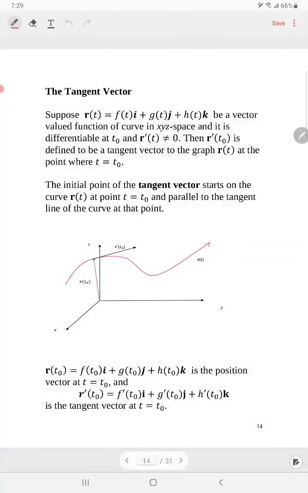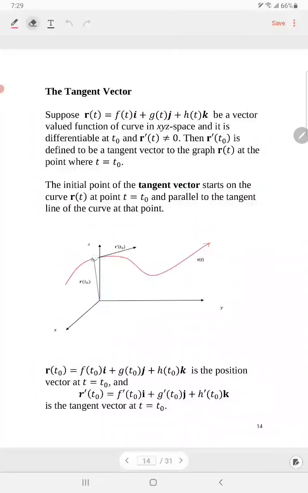Okay, so here let's say you have a curve. Let's say that this is your vector function r, which is a curve in xyz space. And here, when t equals t naught, we have a position vector. Remember, position vector starts from the origin, and then it stops on the curve. So when t equals t naught, this is where you are on the curve.